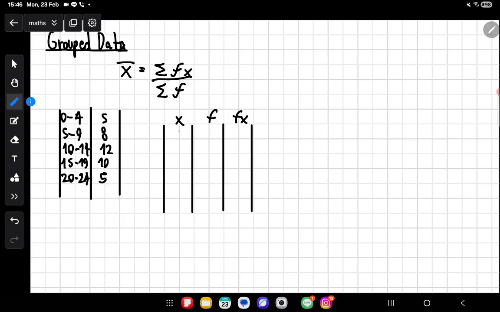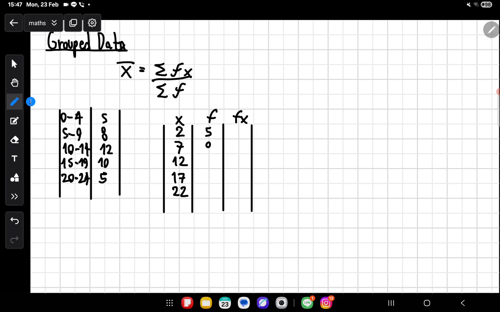So the midpoints, we do it as usual. Get the medians. So 0 to 4, 2 is the median. Then 5 to 9, 7 is the median. Then this continues in a pattern where you just add 5 like that.